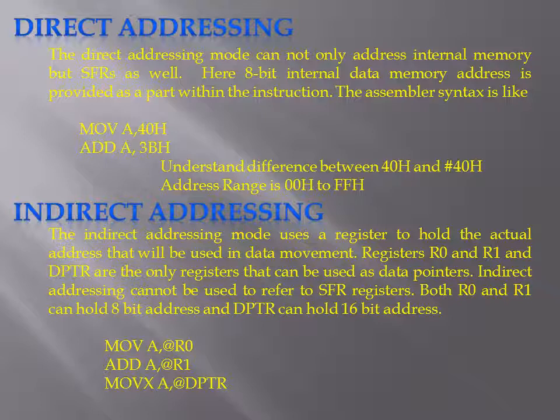The registers R0 and R1 and DPTR are the three registers used for this type of indirect addressing. We have MOV A, @R0, which means the memory at the address indicated by R0 is to be moved to the accumulator.